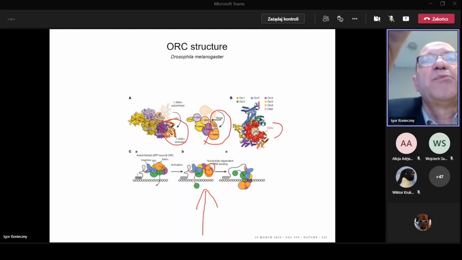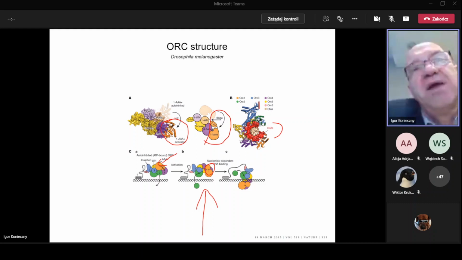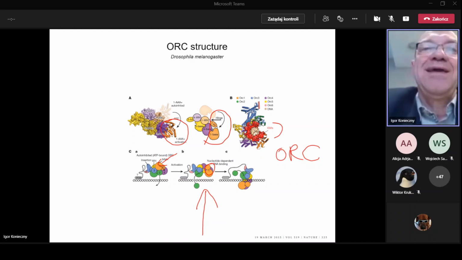So these are positions of ORC1 which are not in plane. So the ring in here is not closed. And this makes possible the loading of the origin recognition complex containing ORC1, 2, 3, 4, etc. onto the DNA, because those subunits are not in plane and the ring is not closed.